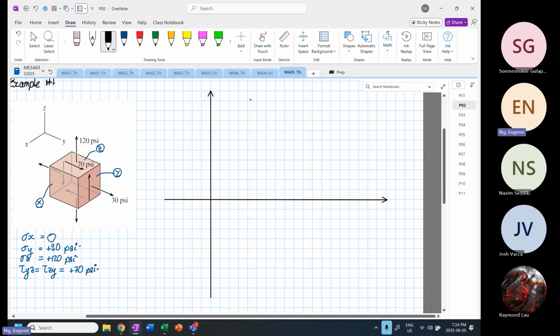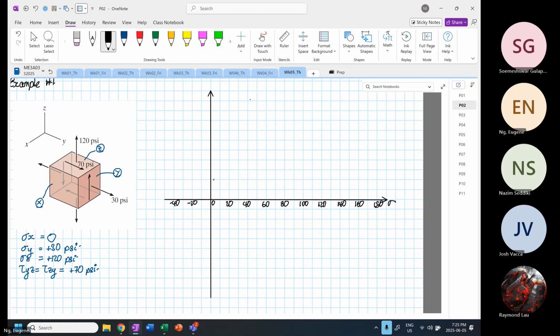Okay, so normal stress. So we are going to have 0, 20, 40, 60, 80, 100, 120, 140, 160, 180, minus 20, minus 40, then we have 20, 40, 60, 80, and 100.